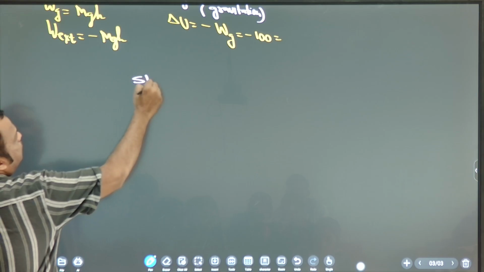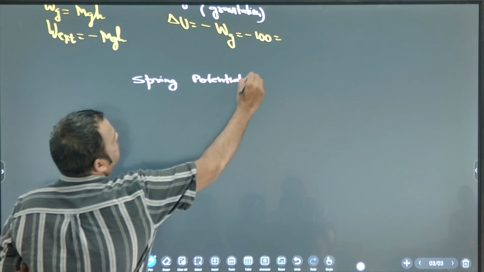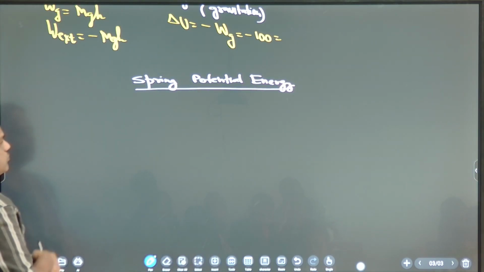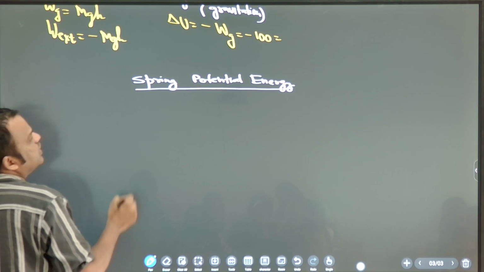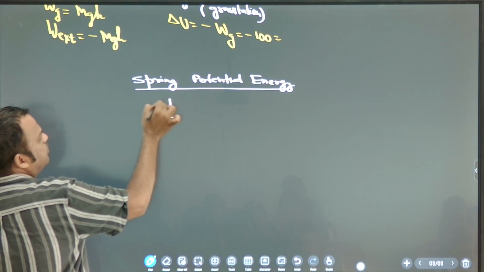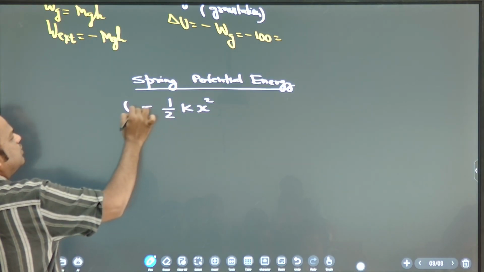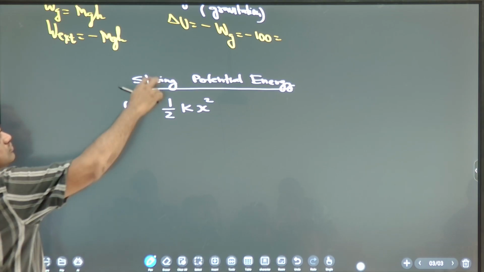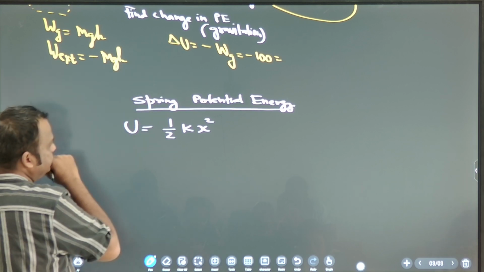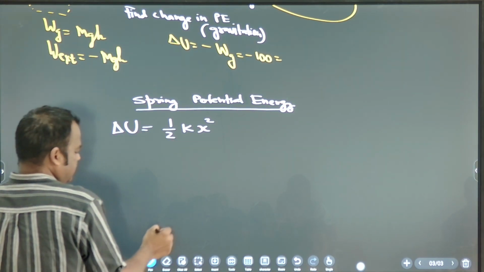Now spring potential energy. So yesterday we discussed one formula. What is the formula for potential energy of a spring? Half k x square. Okay, fine. Actually, this formula is also delta U, change in potential energy. How are we getting this?